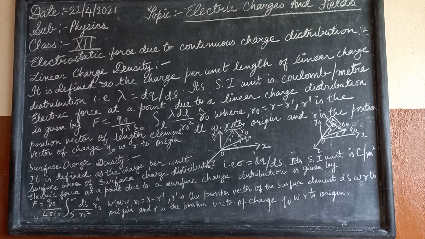So r0 will be r minus r dash, where r dash is the position vector of the length element dl with respect to the origin, and r is the position vector of charge q0 with respect to the origin itself.